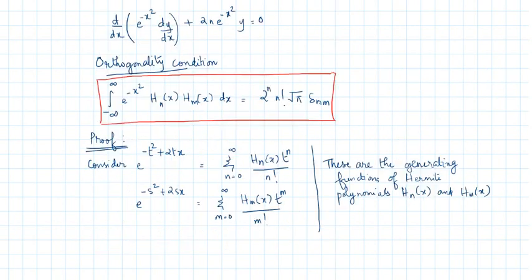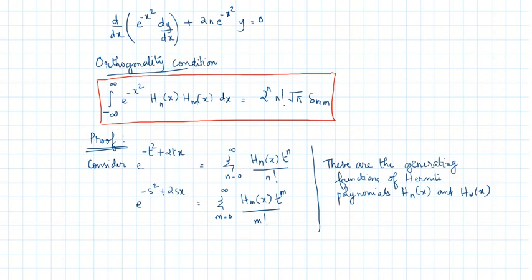This is the orthogonality relation satisfied by Hermite polynomials. Here, Hn of x and Hm of x are solutions to the Hermite differential equation, and here you can see a delta nm, which is nothing but our Kronecker delta function.